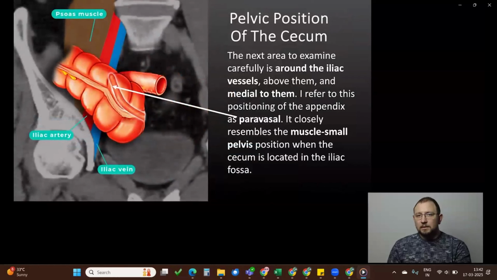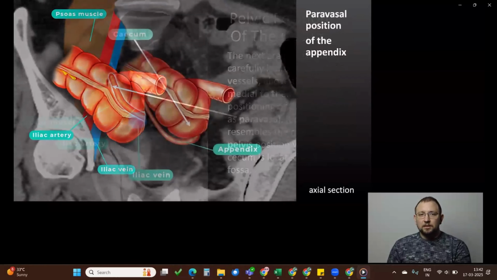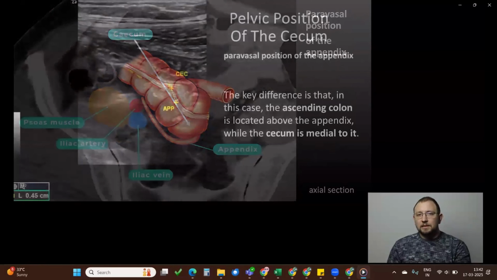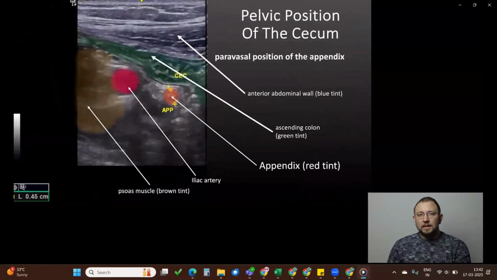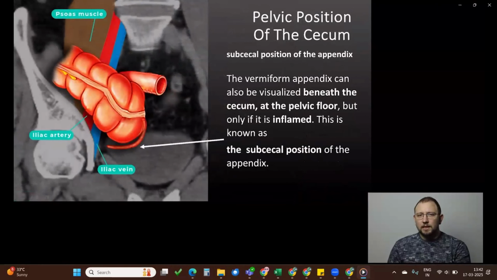It closely resembles the muscle small pelvic position when the cecum is located in the iliac fossa. The key difference is that in this case, the ascending colon is located above the psoas, while the cecum is medial to it. In this position, the appendix base is usually not visible as it's deeply located within the pelvis.